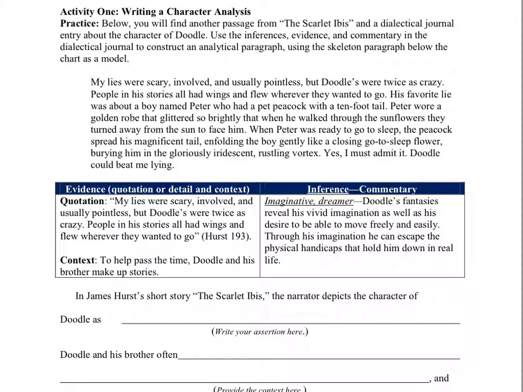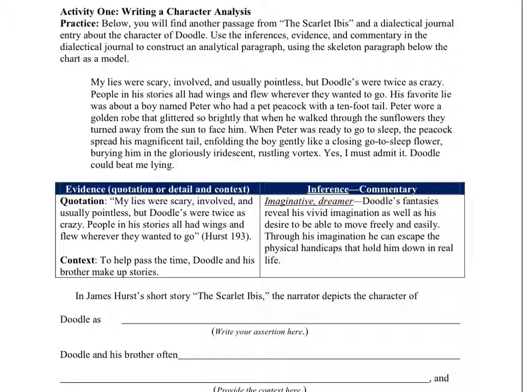Alright, on your own or with help with your group mates, let's do this practice. There's another passage here from The Scarlet Ibis and another dialectical journal from our student friend. We're going to use the information from the passage and the dialectical journal in order to complete the skeleton paragraph at the bottom of the page.